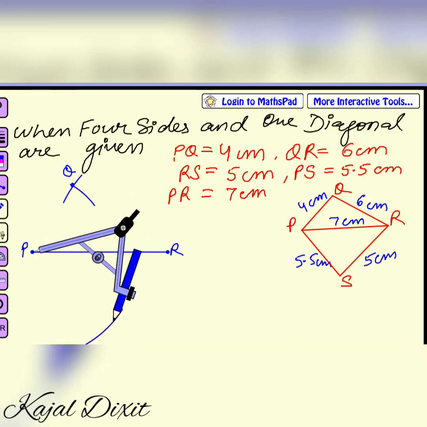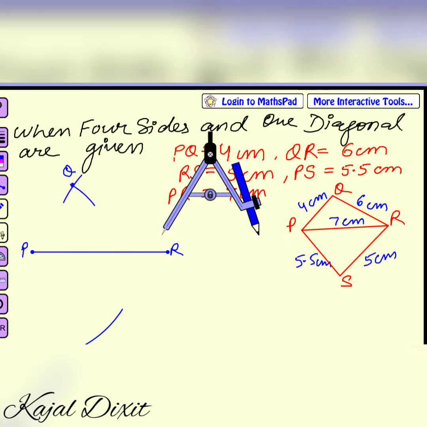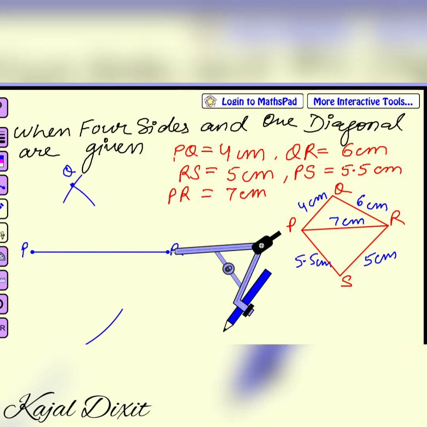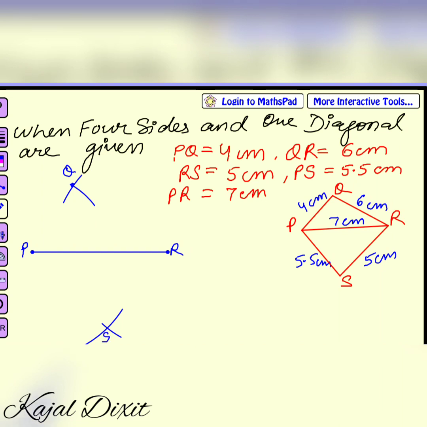Again I bring back the scale, and this time I take the measurement as 5 centimeters. Then I place the compass at point R and try to intersect the previously drawn arc like this. Now I have got a point of intersection here. Let me name this point as point S.